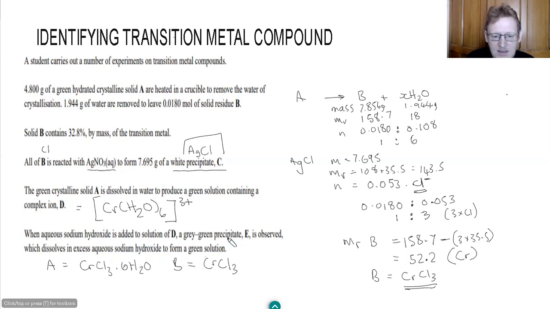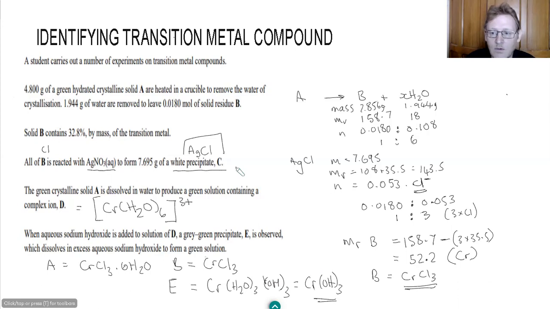So the precipitate must be one where we've cancelled out the charge. So we'd need 3 hydroxide ions. So E must be Cr(H2O)3(OH)3, or simply Cr(OH)3.